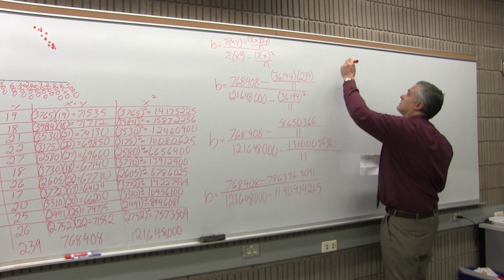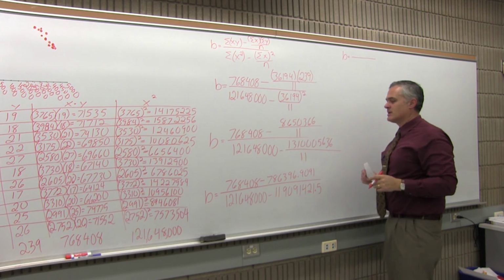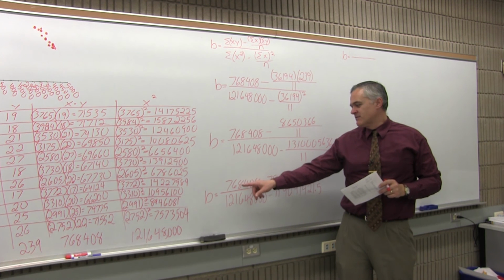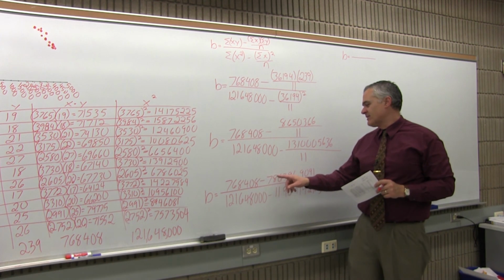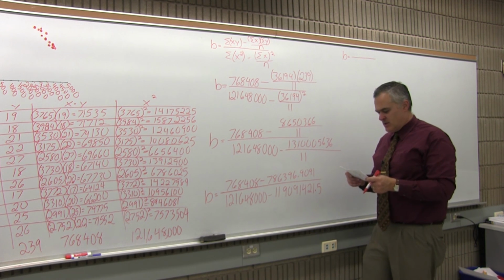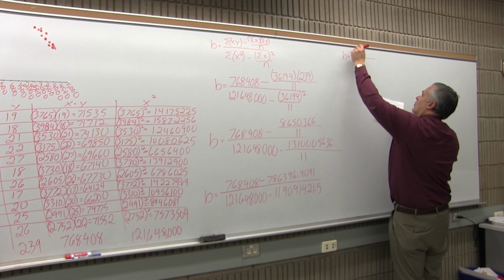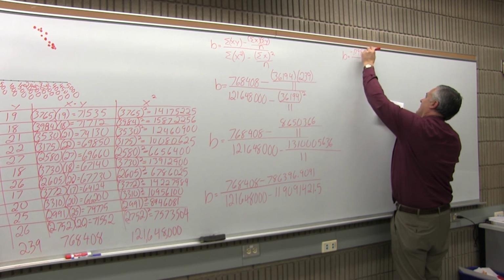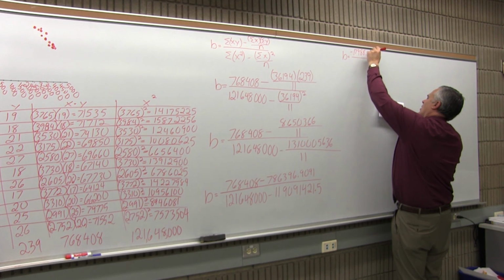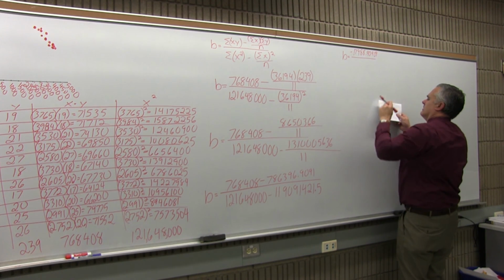So now when I subtract the top, 768,408 minus 786,396.9091, the result of that is a negative 17,988.909.